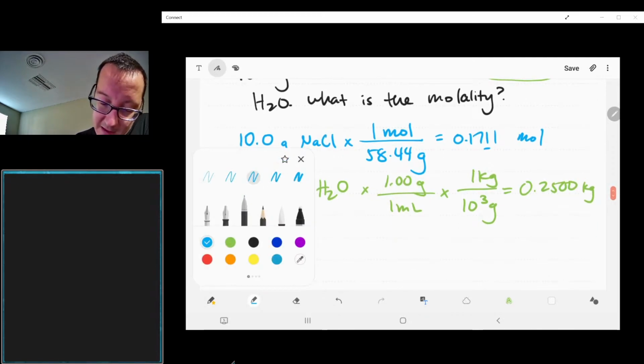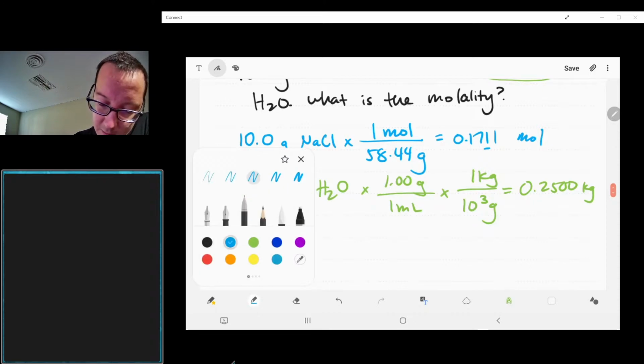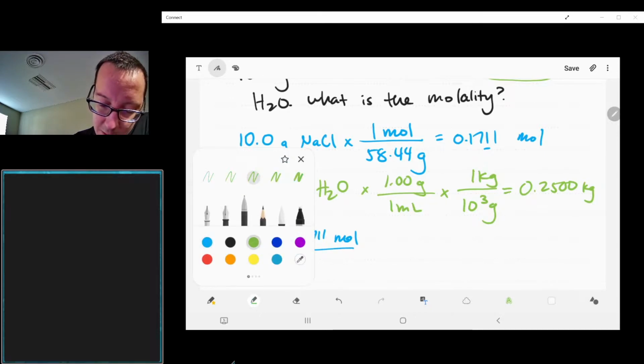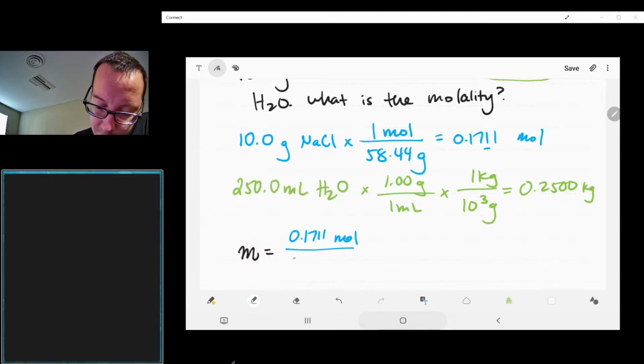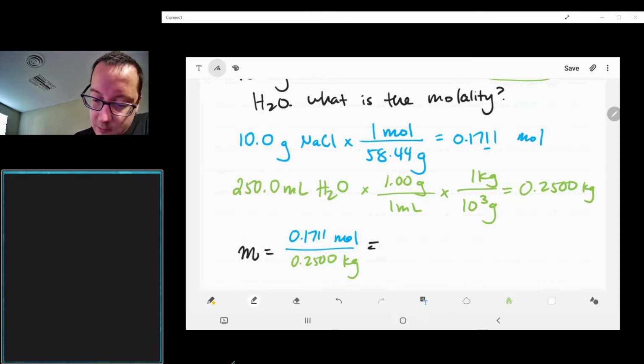And so the molality of the solution will equal our moles over our kilograms, which will equal, we get 0.684, we'll say.